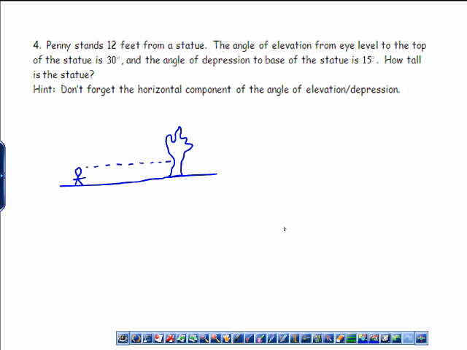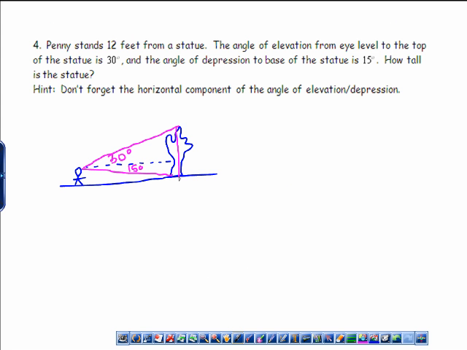Okay, so they're giving us 2 angles. They're giving us an angle of elevation to the top is 30 degrees, and they're giving us an angle of depression to the bottom, or to the base of the statue, to be 15 degrees.